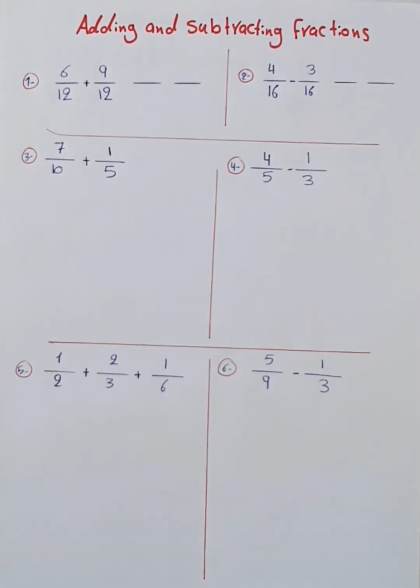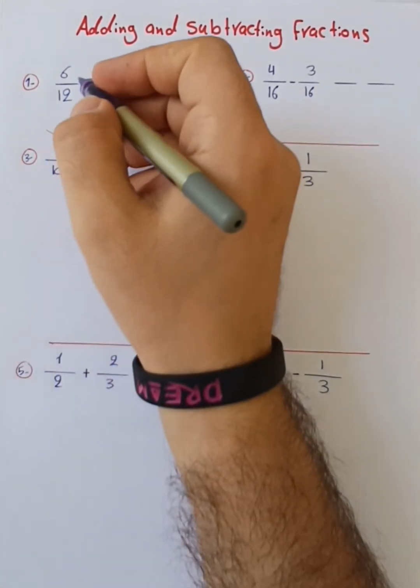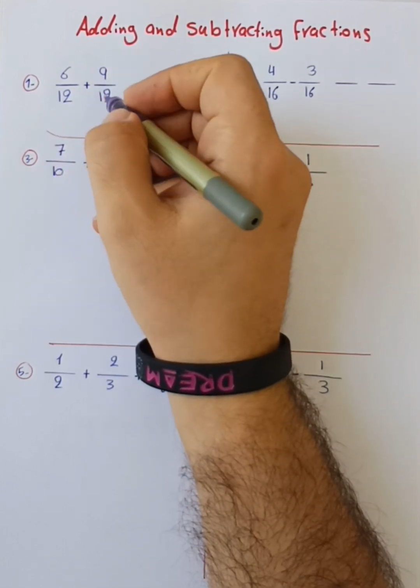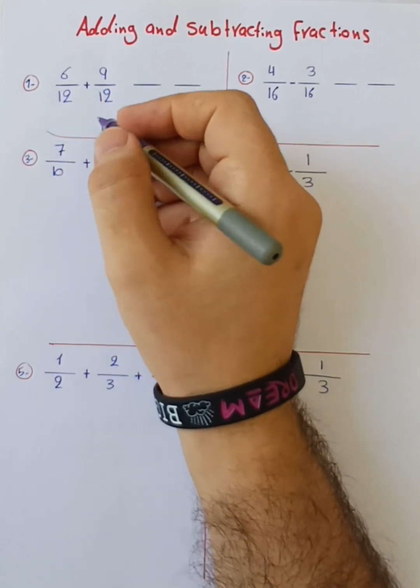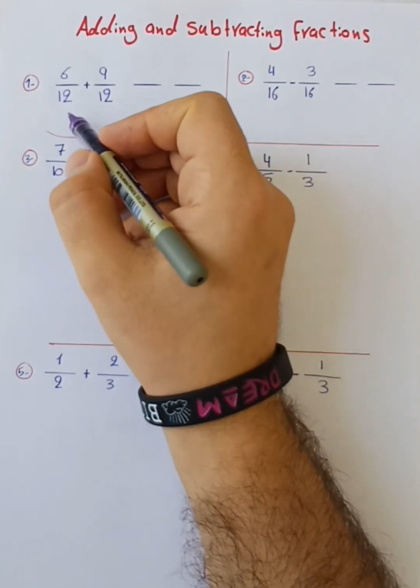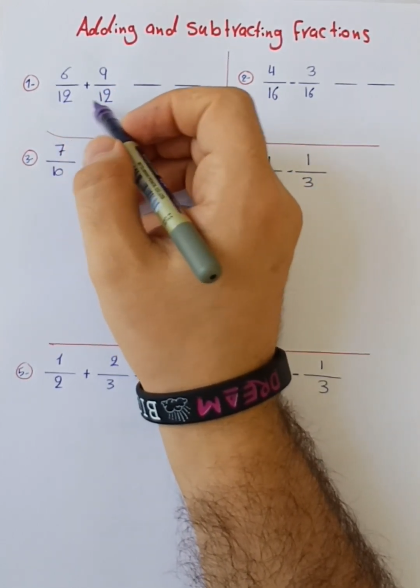Example number 1, you have 6 out of 12 plus 9 out of 12. These two fractions are like fractions because we have the same denominator. We have 12 as a denominator for both fractions.